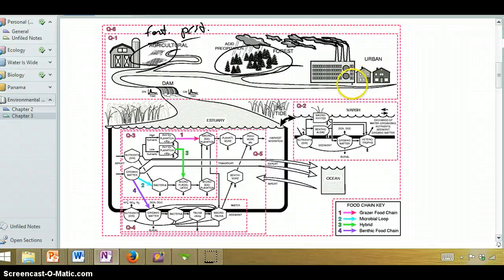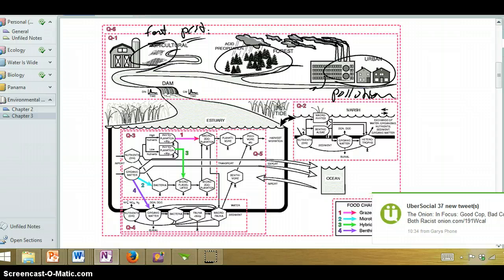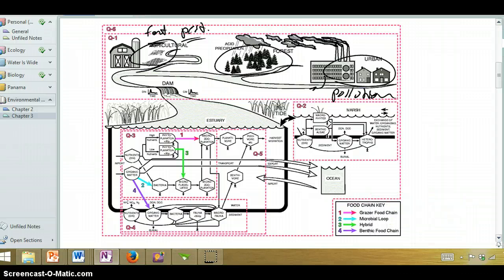Also, areas that have been developed into cities and towns with industries and houses and businesses can also impact the water, primarily through types of pollution that we generate and can get into the water. And of course, fertilizer and pesticides would also be considered forms of pollution as well.